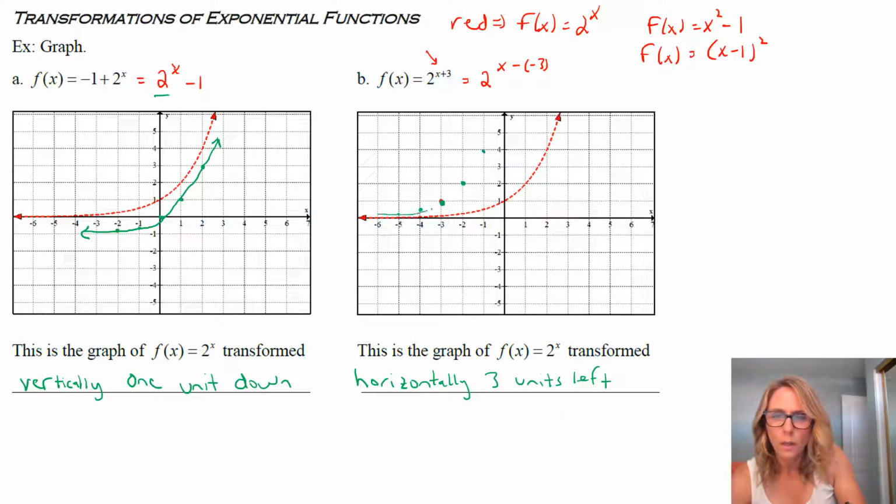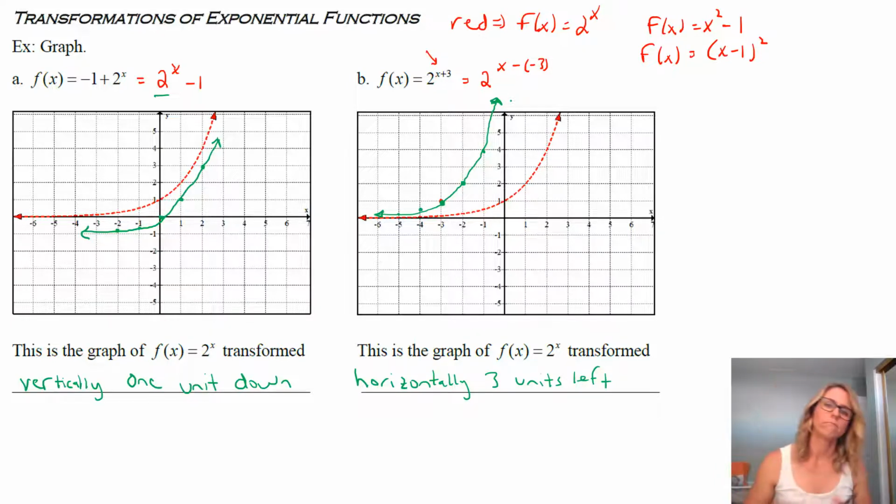And then we're just going to connect and send it up. And then send it here. There we go. So very similar, just with a different parent function, but transformations are the same.